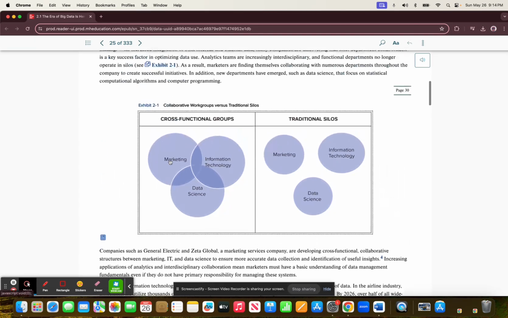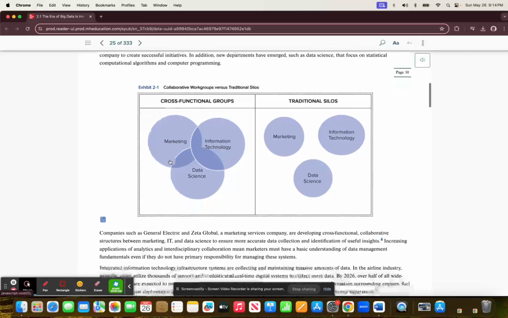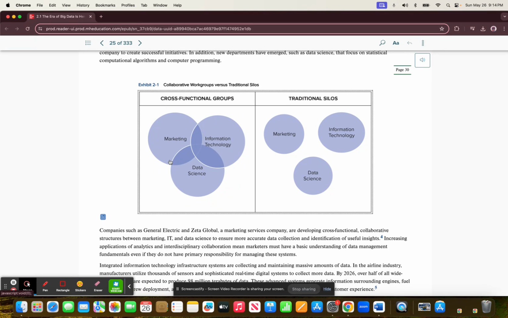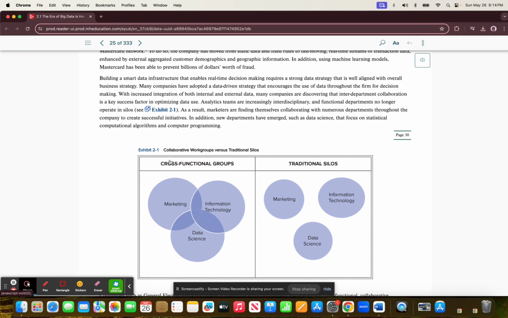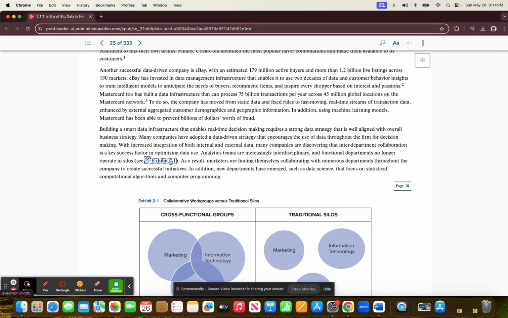The last thing I want to talk about in this section is this cross-functional groups graphic over here. So it talks about how teams from marketing, information technology, and data science. Let's see, how exactly did the book put it?